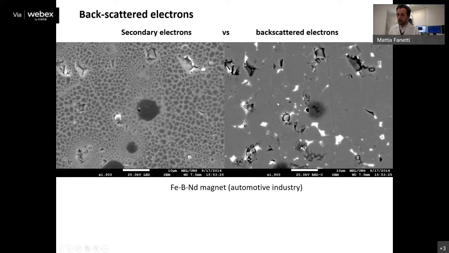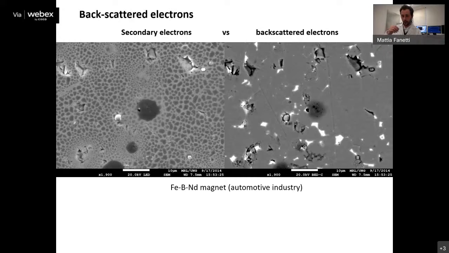If we take the same picture with the secondary electrons, we will see, first of all, no difference between the phases. I cannot see the different phases. But I'm much more sensitive to the surface features, okay? And in particular here, you can see this giraffe-like pattern. This is given by a surface contamination.